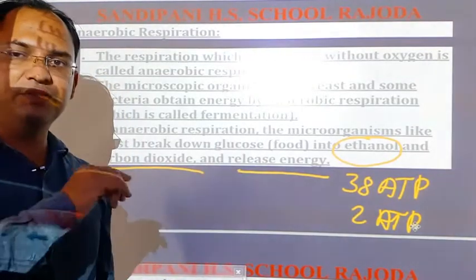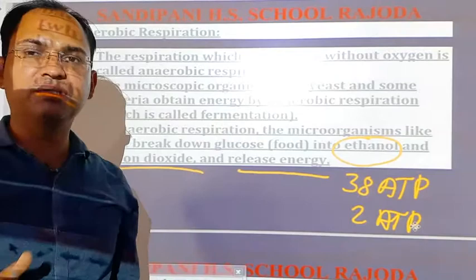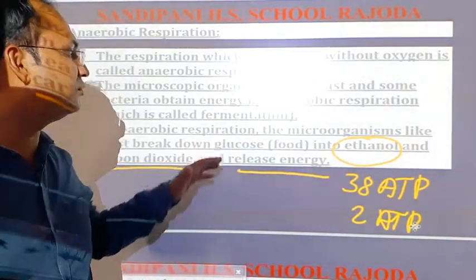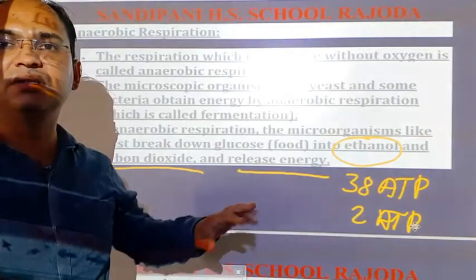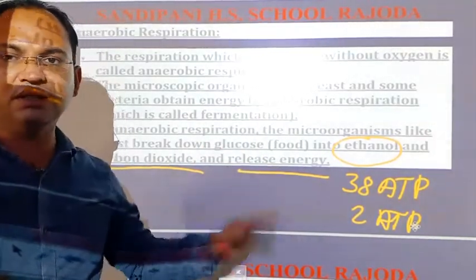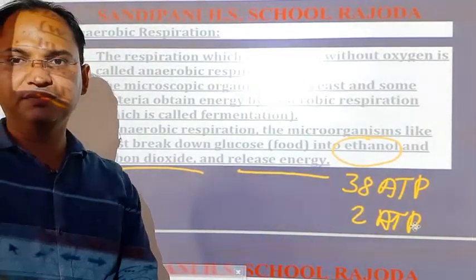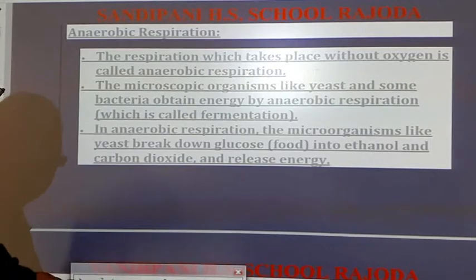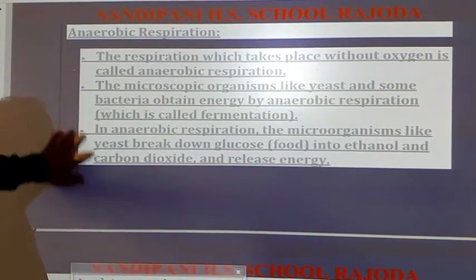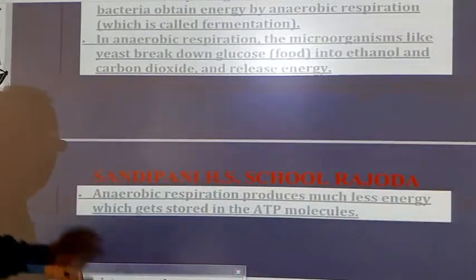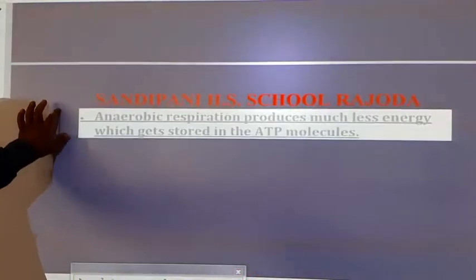In aerobic respiration, there was no production of ethanol or alcohol, but in anaerobic respiration, ethanol is produced along with carbon dioxide and 2 ATP of energy. Let's see the reaction of anaerobic respiration.